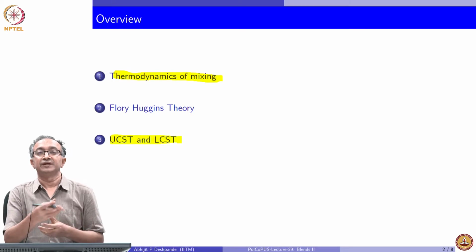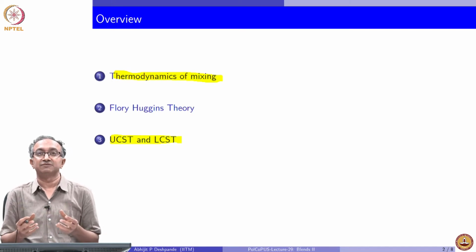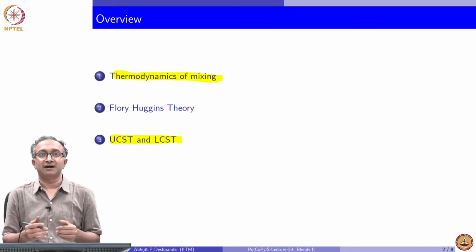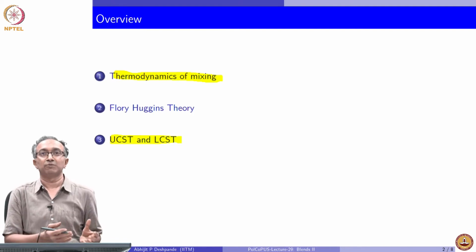So the way different monomers will organize themselves with the constraint of covalent bonds between different monomers is different compared to if all these monomers were separate objects. So therefore, the details regarding the entropy and enthalpy of mixing will differ for polymers compared to small molecules.